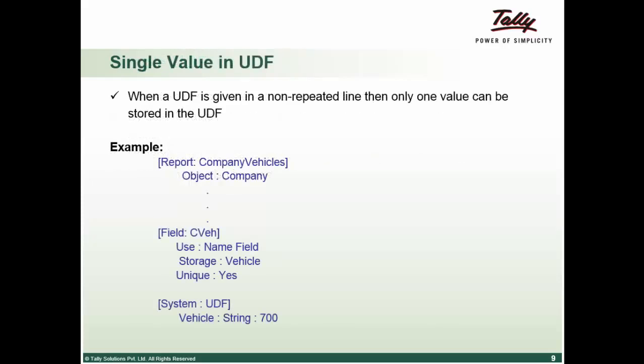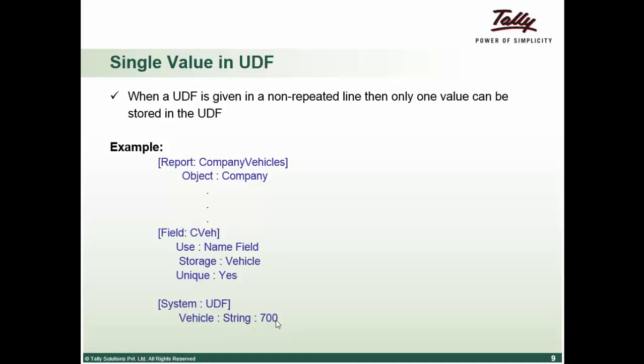This clearly states that my report object context is company. It has a storage called vehicle and the system UDF vehicle string 700. So my UDF name, its data type and its index number.